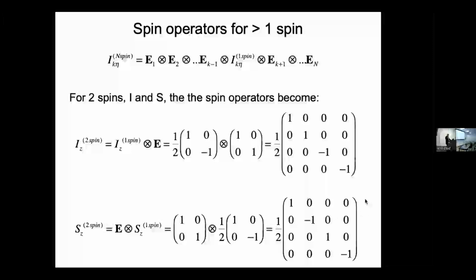And now I see I have the alpha alpha state and the beta alpha state, minus the sum of the alpha beta state and the beta beta state. So now I have the difference between the S spin in the alpha state minus the S spin in the beta state, again making proper sense.